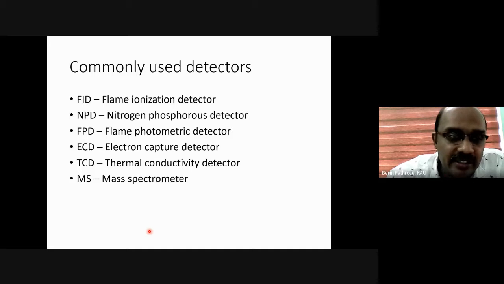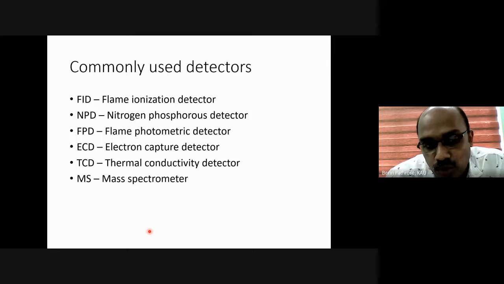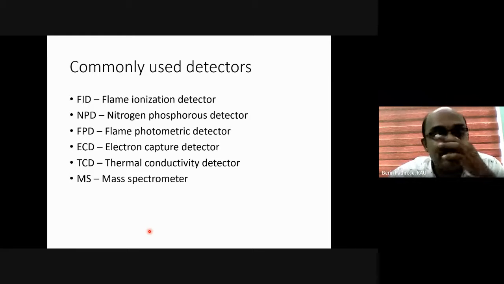So FID is flame ionization detector, NPD nitrogen phosphorus detector, FPD flame photometric detector, ECD electron capture detector, TCD thermal conductivity detector, and MS is mass spectrometer. So we will see them one by one quickly.